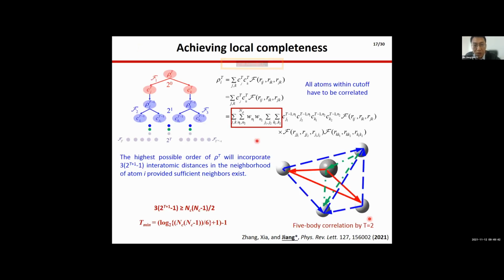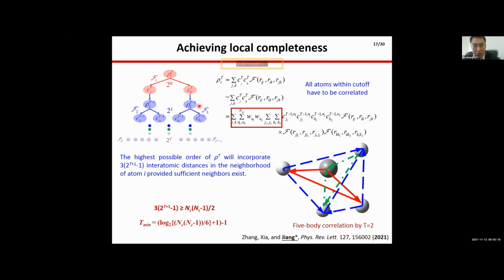What's more interesting is that we can prove that with this kind of iteration, we can recursively introduce the information of all the correlations in the local environment. For example, we choose a linear activation function, for simplicity, to derive how the correlations can be gradually introduced in this descriptor.